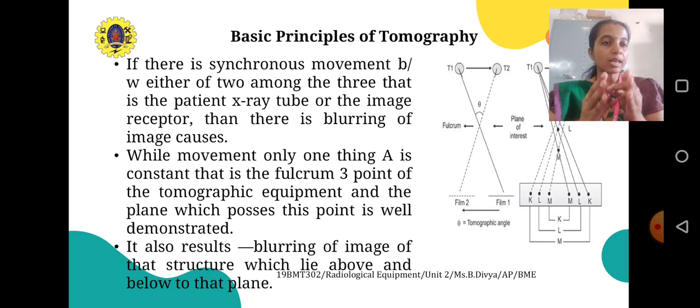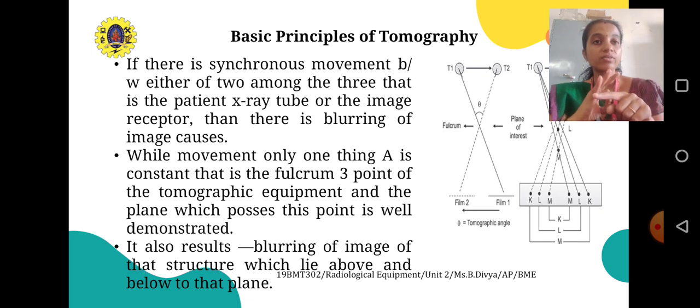We have three elements, right? Patient, image receptor and an X-ray tube. The X-ray tube is a sender, the image receptor is a receiver, and then the patient. We have three elements, right?